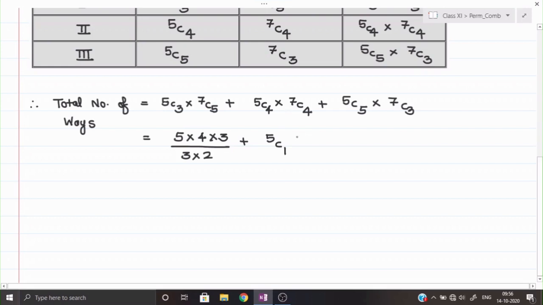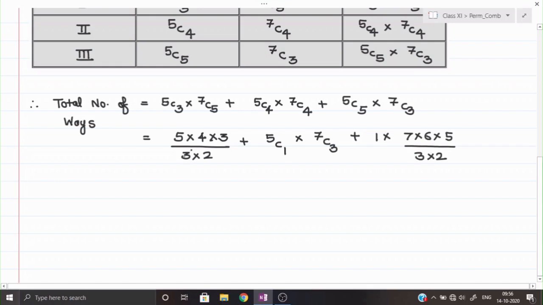Similarly 7C4 we can write as 7C3, since 7 minus 4 is 3, plus 5C5, that will be equal to 1, and here 7C3 I will open up till 3 places, 7 into 6 into 5, and upon it factorial 3, that will be 3 into 2.